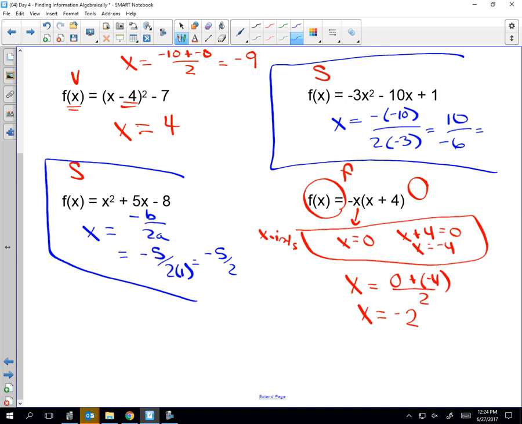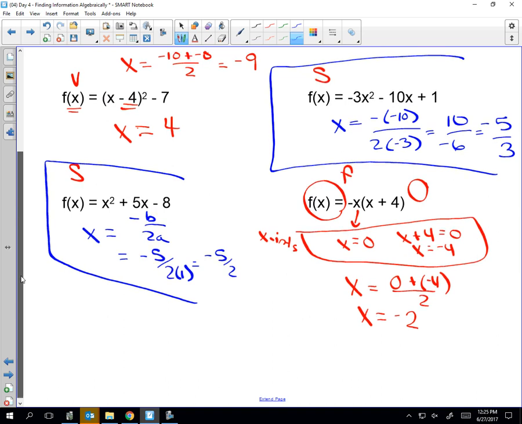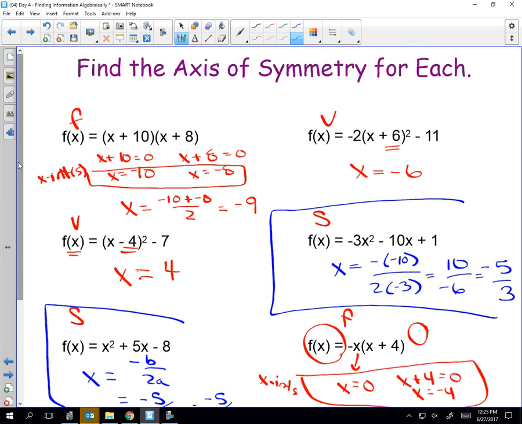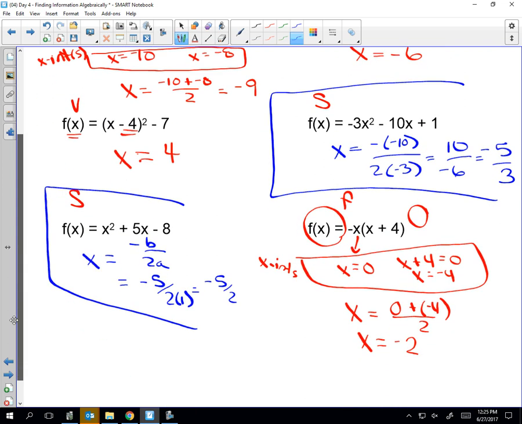We can divide both of those by 2, and we get a 5/3. And even though the negative sign is on the bottom originally, it always goes out in front of the value when we're finishing. Okay, so that's one of our main steps today. How can we go through and find the axis of symmetry?